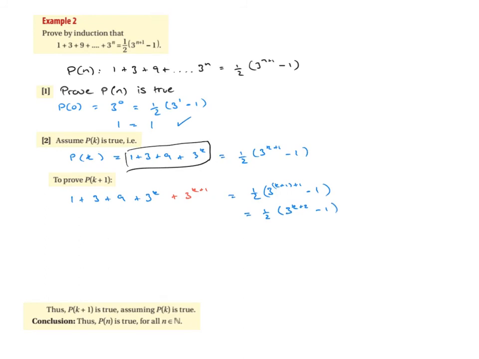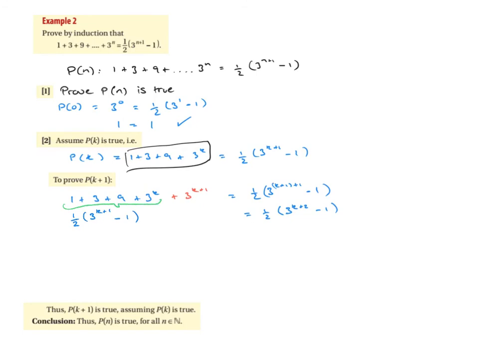Now, if you remember in the previous example, what we did is we said, okay, this 1 plus 3 plus 9 plus 3 to the k, which is this, can be rewritten as this right hand side here. So let's do that next. And if we do that, we're going to get a half, okay, 3 to the k plus 1 minus 1. So that there is this whole thing. That's all done.